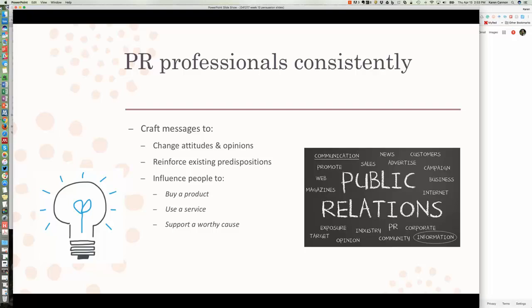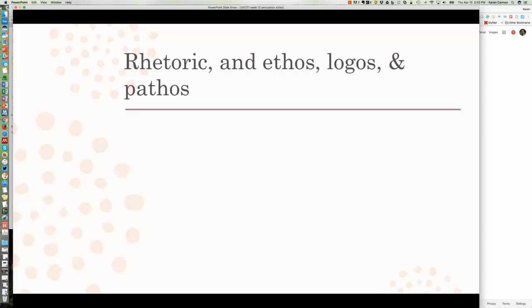But quite often it's to influence people to buy something, use a service, or support a worthy cause. And we'll talk in a little bit about supporting a worthy cause, fundraising and development. That's an area that is growing in public relations.